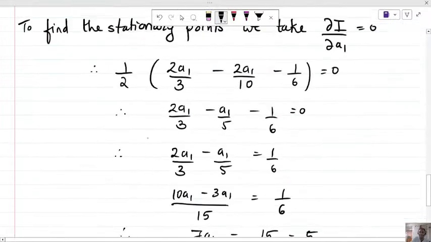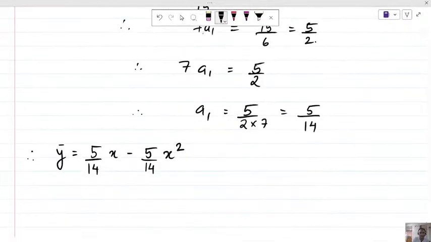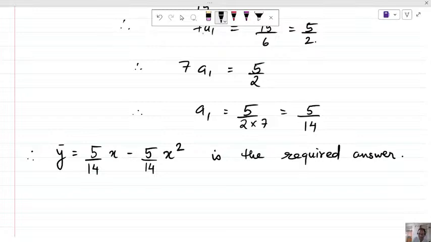This is the answer for our approximate solution using the Rayleigh Ritz method. So this is the required answer, and this is how it is done.